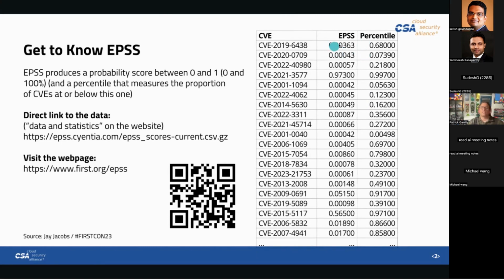For instance, a 0.00363 score would be in the 68th percentile of EPSS. And that's it. Simply put, you can query it, use it in your tools, and prioritize based on it. So for instance, if I look at this list, a 97% probability of exploitation in the next 30 days, you probably want to do something about that, whether it's patching, a mitigating control, or something else, especially if it's externally exposed.